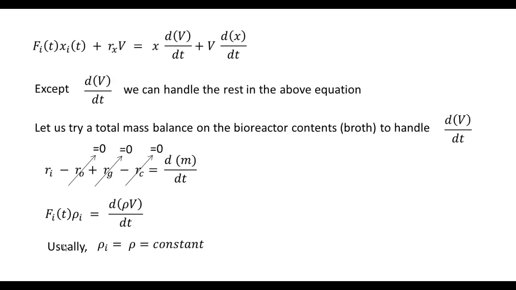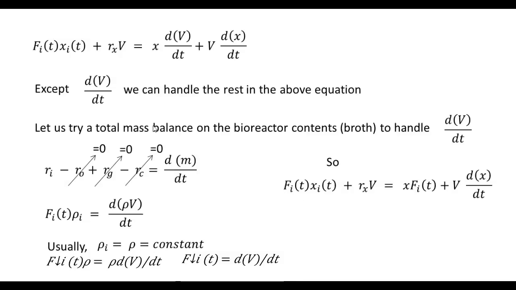Usually, the inlet and outlet densities are the same and a constant. Therefore, we can take them out of the derivative. Fi(t) times rho, the constant density, equals rho, the constant, so we take it out of the derivative, rho dV/dt. So Fi(t) is dV/dt, cancelling rho on both sides.